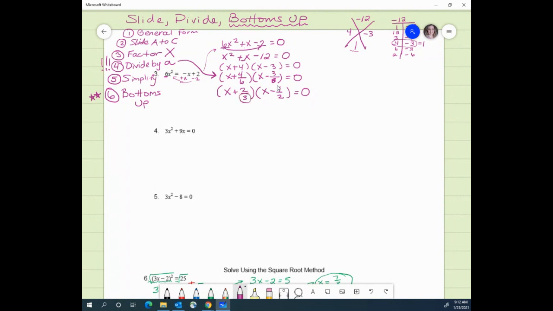But if you have anything left as a denominator, the bottom comes up to the front. That's why it's called bottoms up. So this becomes 3x plus 2, and this becomes 2x minus 1 equals 0. So now this is factored form.